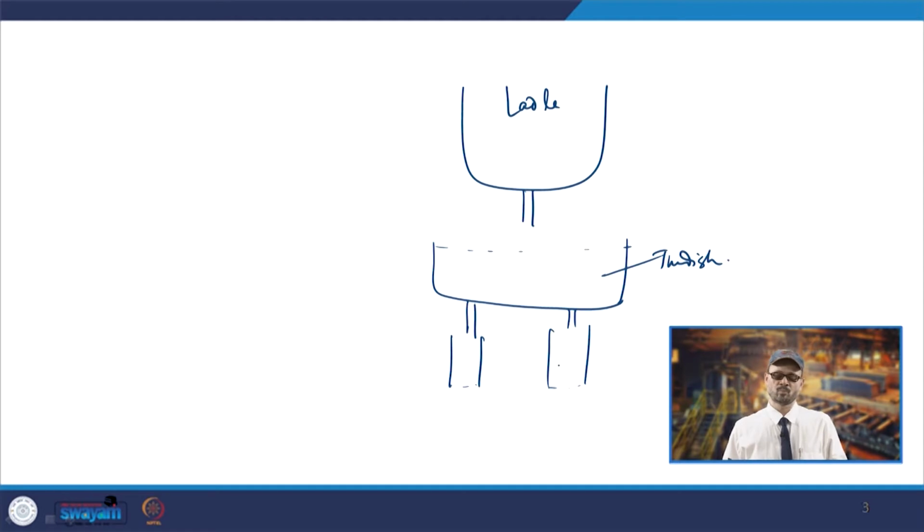Now, as we know, the inclusions will normally be of lighter density than the steel, and they will have very fine sizes. In the micrometer ranges their sizes will vary. So, it is to be understood what mechanisms and theory govern the removal tendency, or the flotation tendency, of the inclusions.